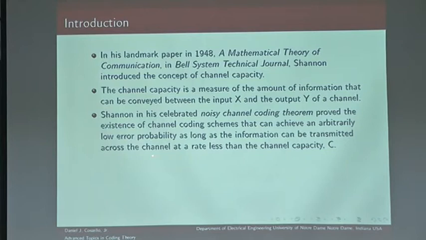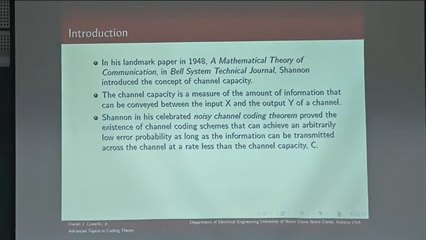He was able to specify a capacity C, which depended on a couple of parameters of a channel, signal-to-noise ratio and bandwidth. For a channel with capacity C, if you transmit at a rate less than that, you can receive the data at whatever reliability you would like, as low an error probability as you like, if you do proper coding.